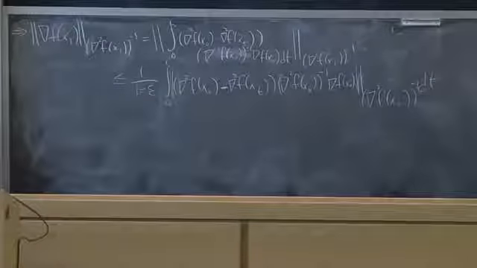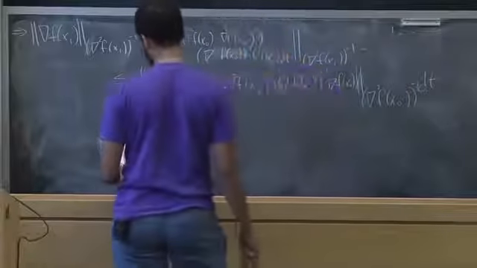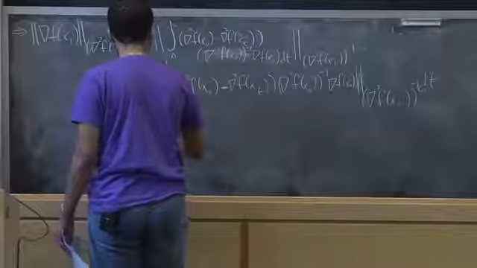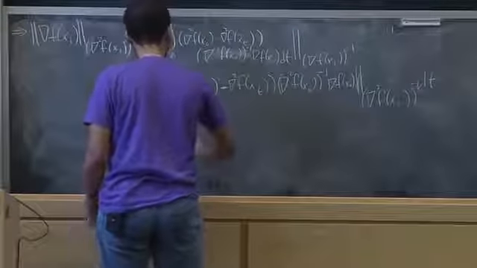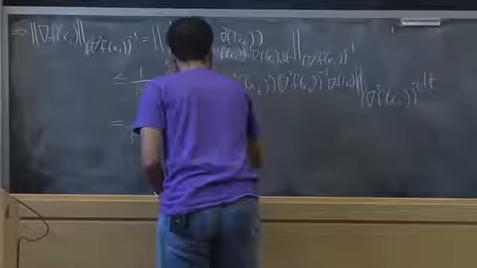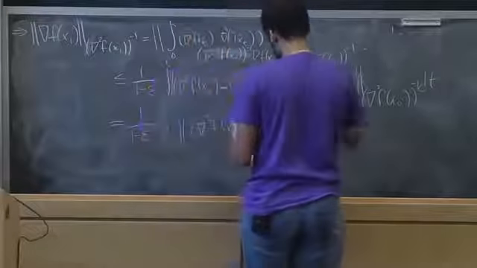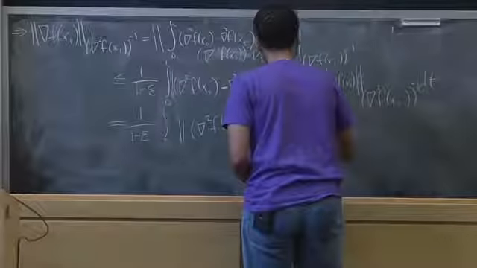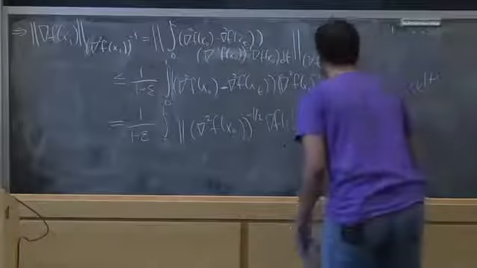Okay, and then now the claim is that this is just equal to 1 over 1 minus epsilon, the integral from 0 to 1 of the norm of Hessian at x0 to the minus a half, the gradient of f at x0. Okay, now a really long string of things.